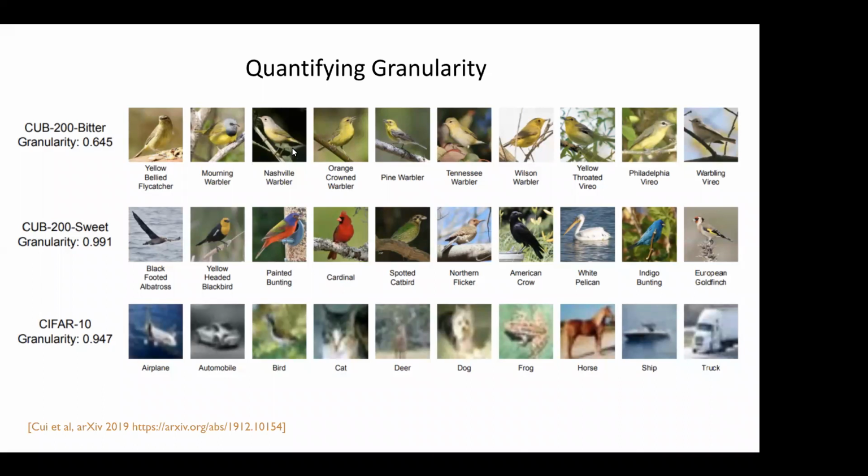And those are birds that have very prominent differences in texture and color and shape and so forth. So the point here is, according to this quantitative measure of granularity, it turns out that the sweet subset of birds with the prominent, very different colors, they're actually coarser grained than the CIFAR 10 data set. And indeed, if you pick a bitter subset, like shown in the top row, you do get something that's quantitatively finer grained because you're looking at birds that just differ in some very minor features.